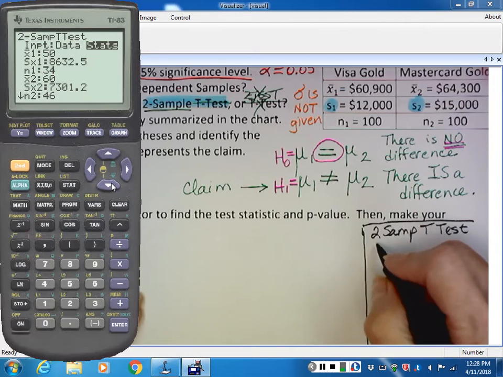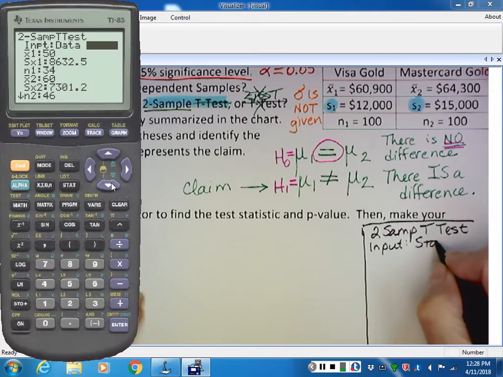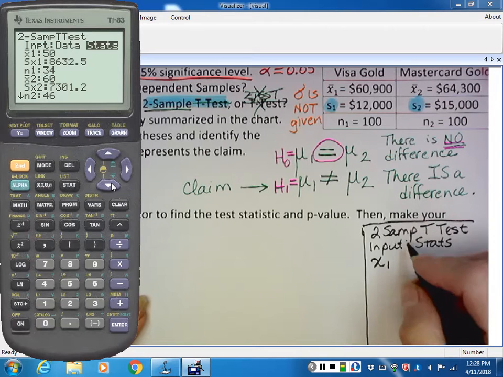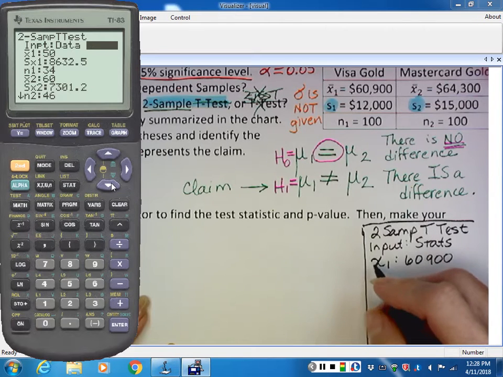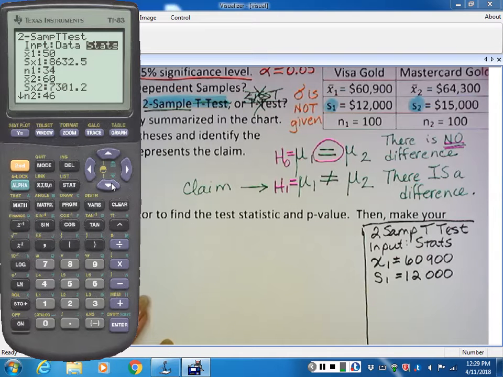And we have statistics. And x̄1 is given to us as $60,900. s1, this is for the first sample, is $12,000. And our sample size n1 is 100.